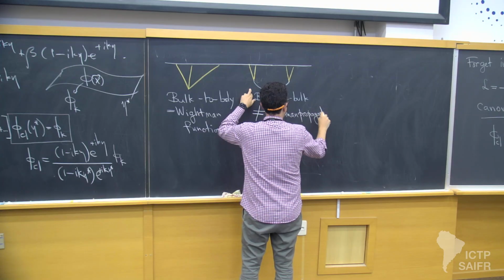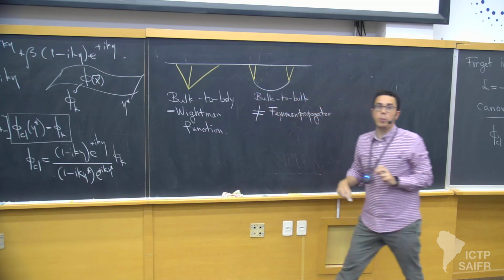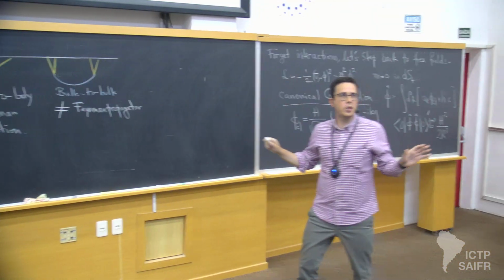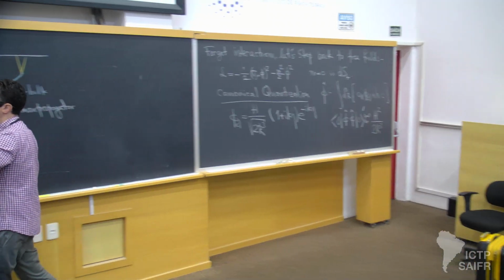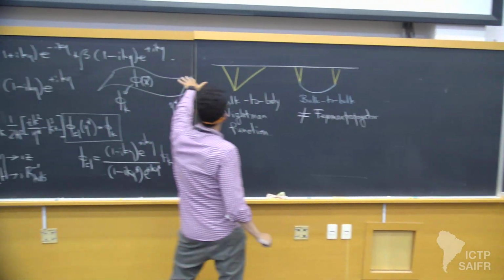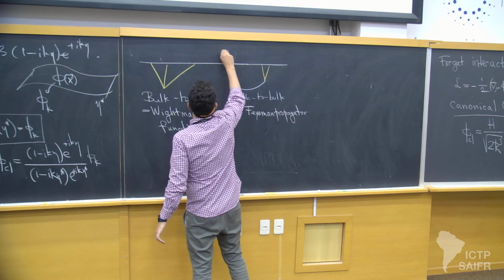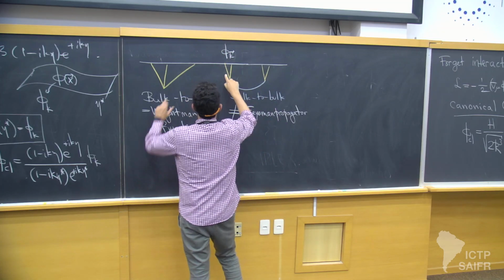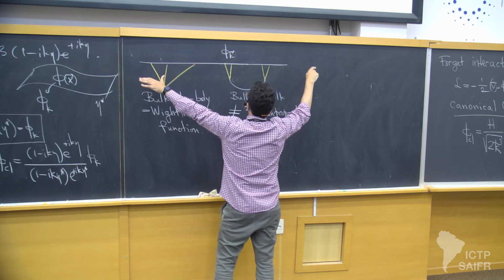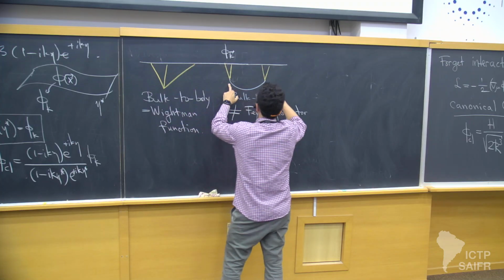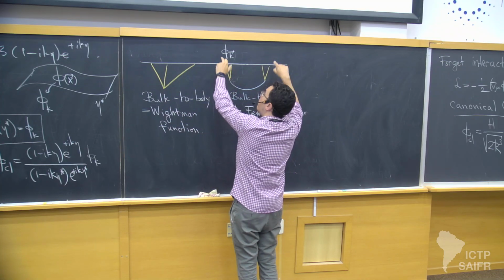And the reason is that for the bulk-to-bulk propagator, you already solved the Dirichlet problem, right? So here, to compute the wave function, you specify some data, some boundary values, some phi_k, and these propagators already put this data in for you. So this propagator better have no support there.